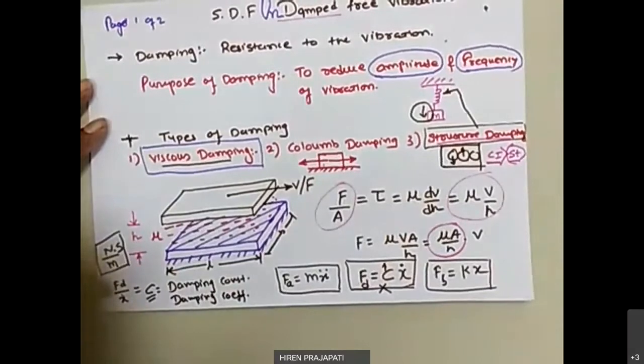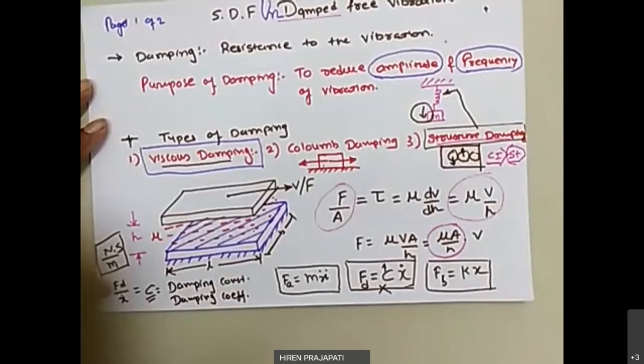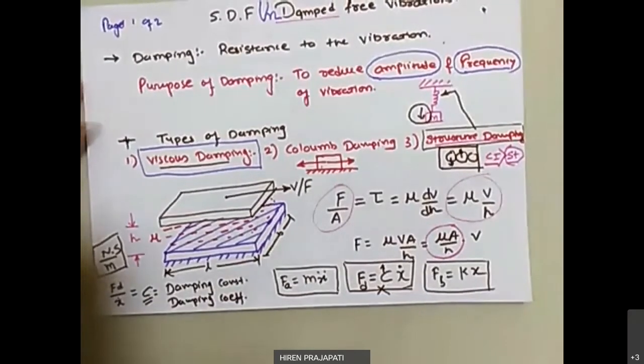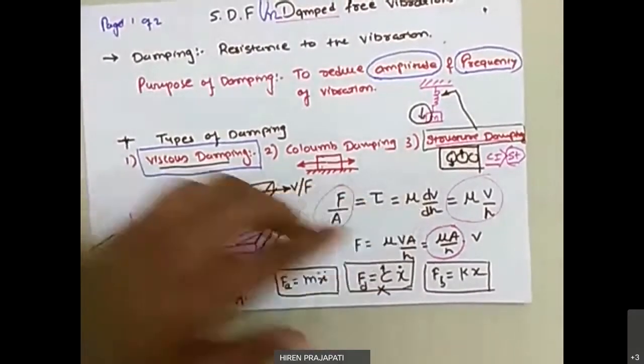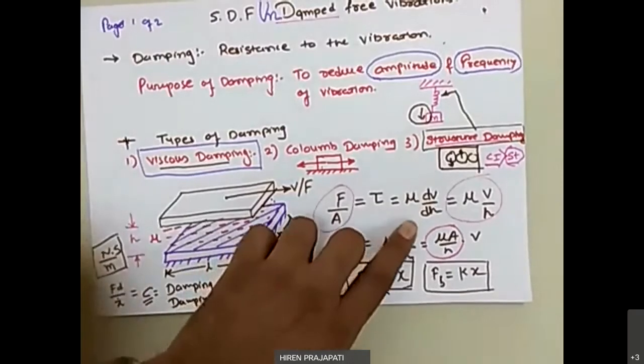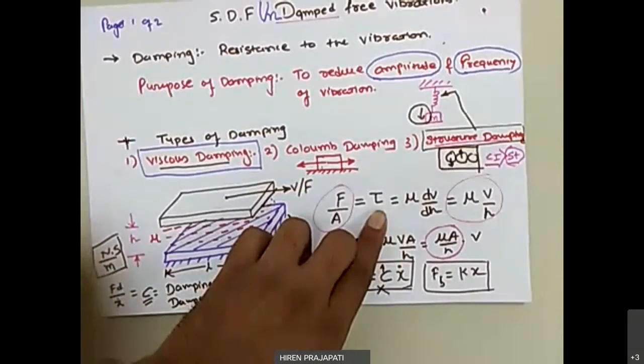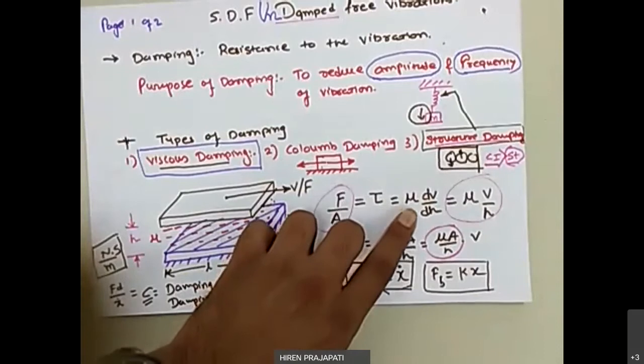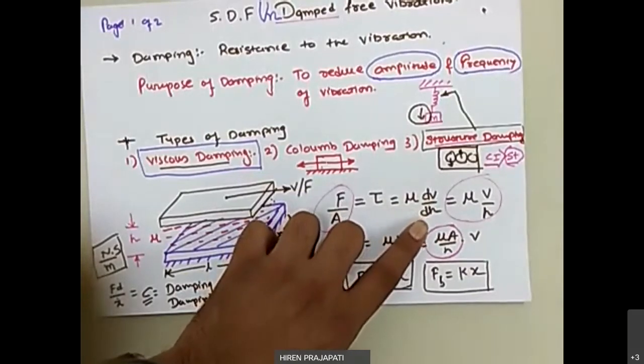Generally we assume this velocity gradient to be linear. Otherwise it's non-linear, but the non-linearity is very small, so we assume it as linear. That's why we consider dv by dh as a straight inclined line, right? Now this is Newton's principle: shear stress in any fluid is equal to mu, the viscosity, times the velocity gradient.